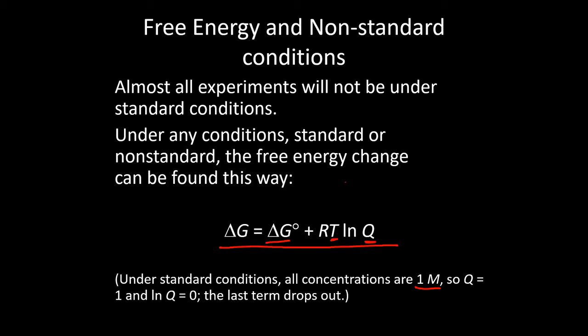That is the same as the equilibrium constant, just not at equilibrium. So it is the products over the reactants, where we have the concentrations of these things raised to their coefficients. So using the reaction quotient, we can find the non-standard Gibbs free energy.